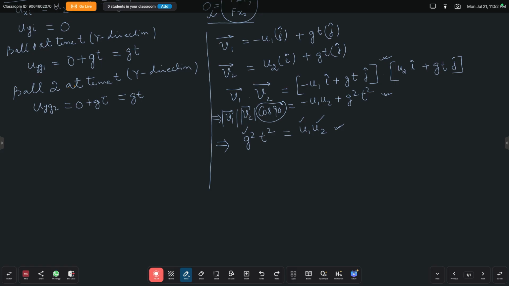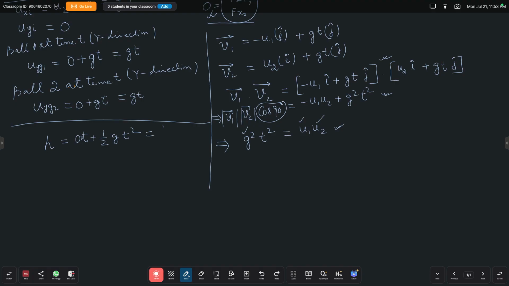Since there is no initial velocity in the y direction for both balls, we can utilize this equation: h is equal to initial velocity in the y direction into time plus half g t squared.